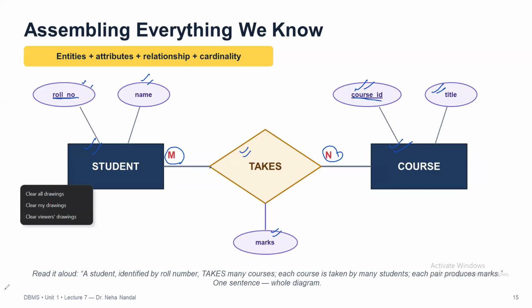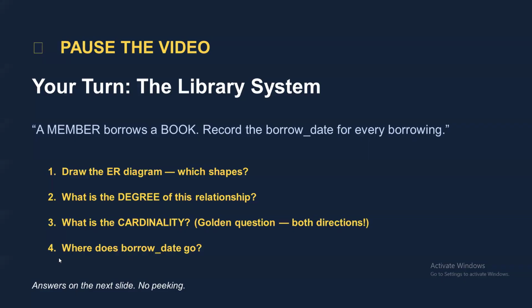And now it's your turn. Correct. So I'm giving you this question. Pause this video and note down this question. A member borrows a book. Record the borrow date for every borrowing. Draw the ER diagram. What shapes will you utilize?